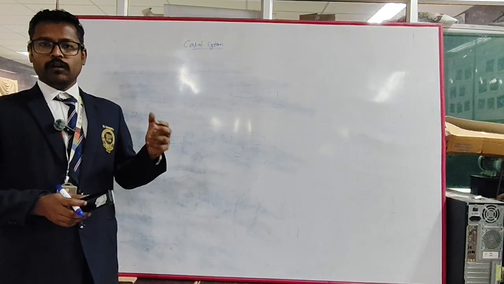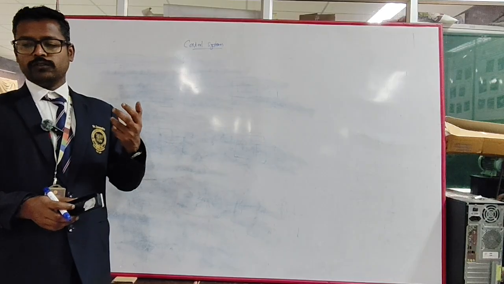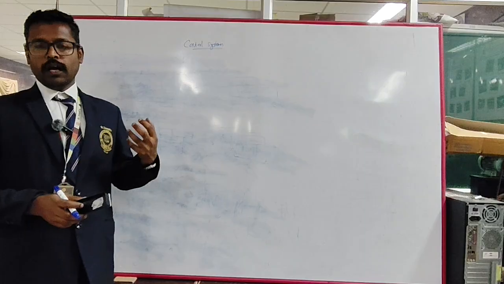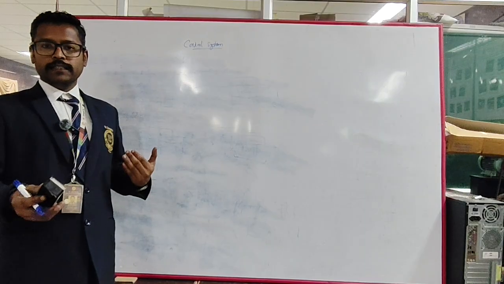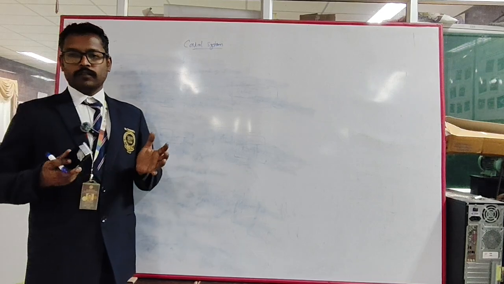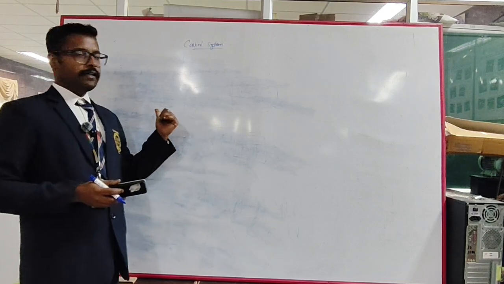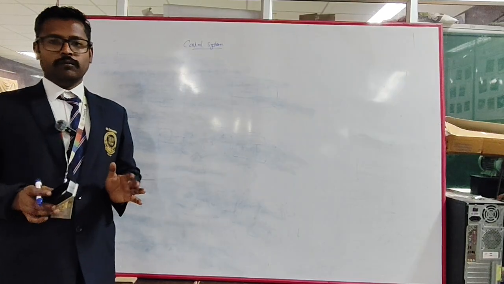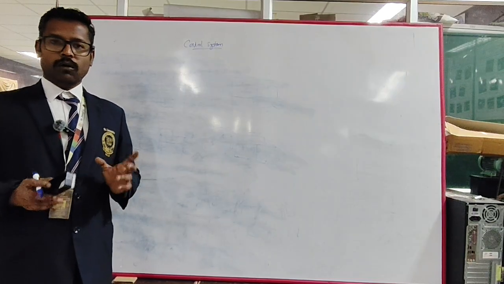In the same way, we also move the summing point ahead of the block and before the block, and we combine the summing points. Then elimination of the negative feedback and elimination of the positive feedback. Those things are very, very important while you are reducing the block diagram.